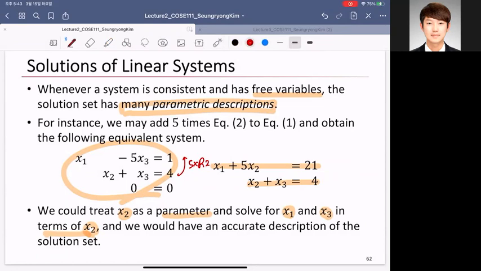Maybe it looks like this: x1 is equal to 21 minus 5x2, x3 is equal to 4 minus 2, and x2 is free. Maybe you can do that.